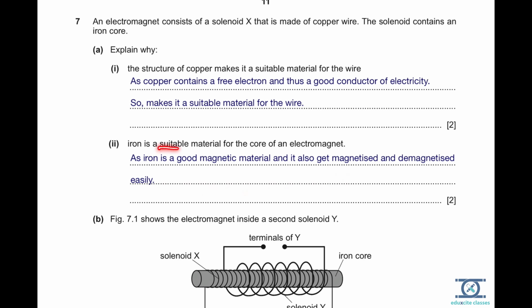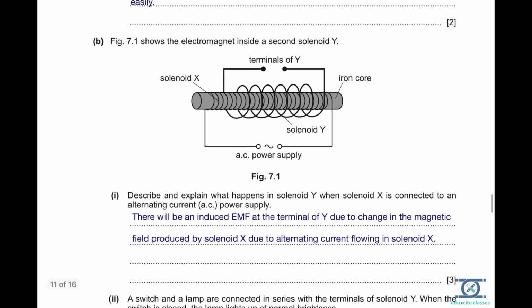So that is the suitable material for the core of the electromagnet, because we want the electromagnet such that when we switch on the current, it behaves as a magnet, and when we switch off the current, it behaves as a simple metal. Okay.